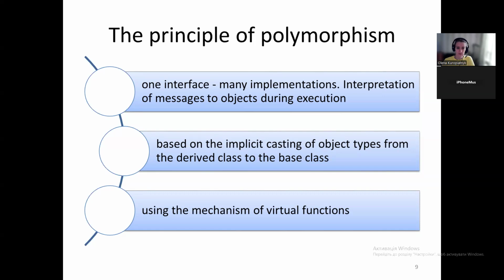What does one interface mean? An interface is an entity that describes some general behavior of our object.